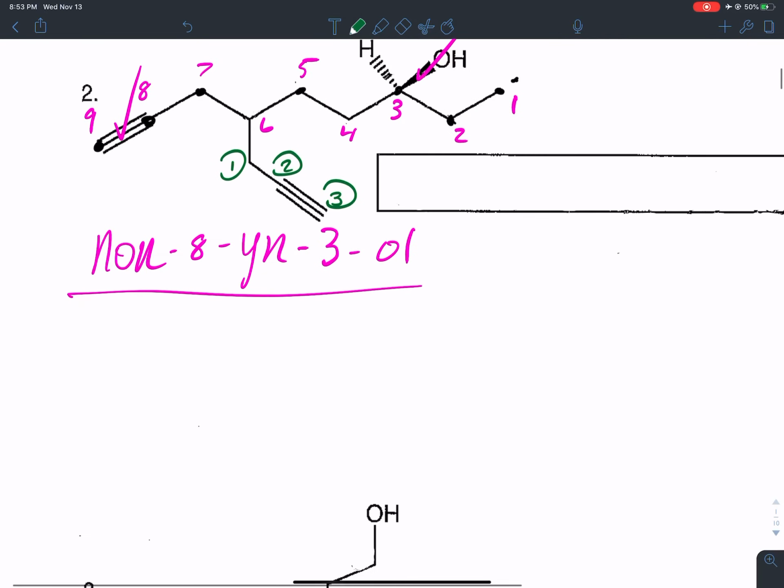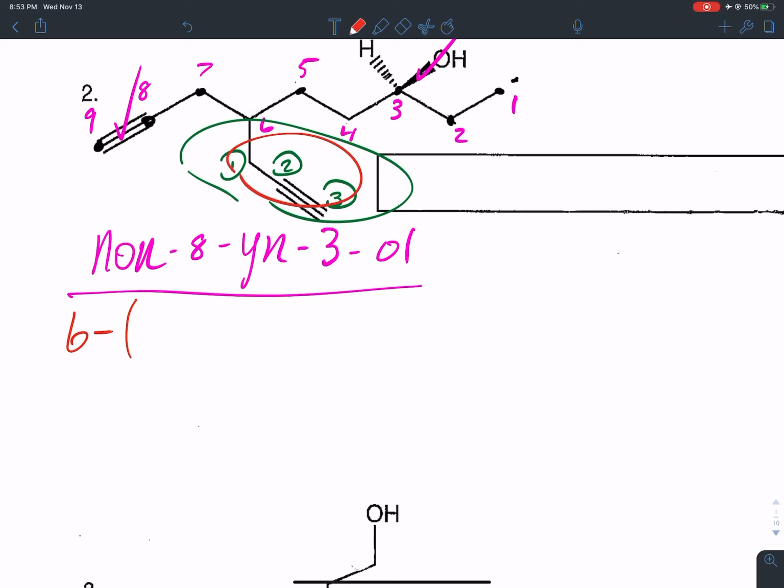Where is this whole substituent? Where is it on the parent? It's on 6. But we may need to use some numbers to describe what's going on just inside the substituent. So we're going to open up a parenthesis. Do we have any substituents in the substituent? We do. There's an alkyne here, and that is a substituent in this case.